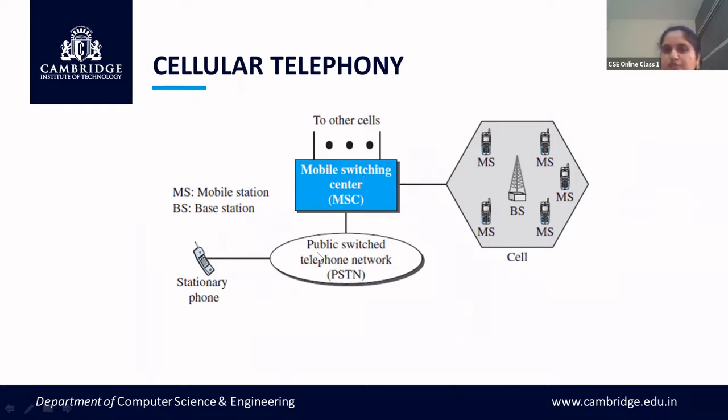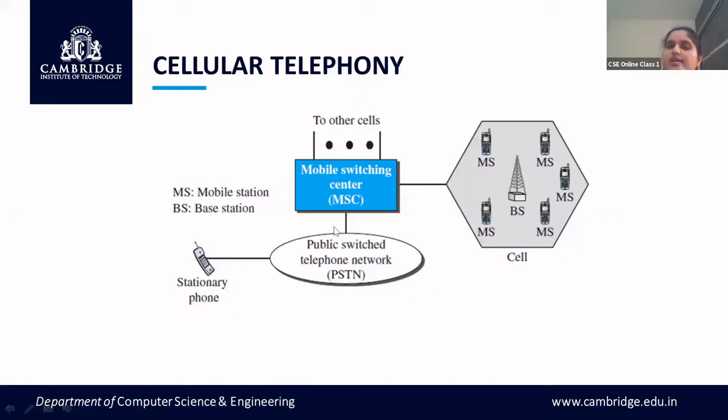Next is your public switched telephone network, PSTN. This was the first network used to communicate using telephones. This is used for your stationary phone. Till now this is the unit for communication using your cell phones or landlines.